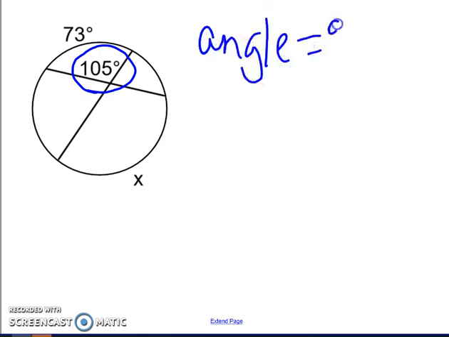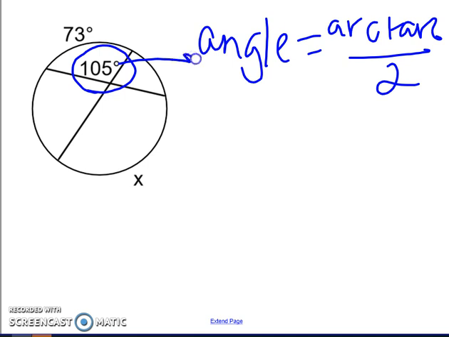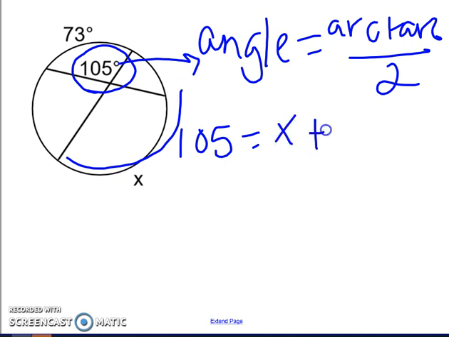So angle equals arc plus arc divided by 2. My angle is the 105. It equals my arc, x, plus my other arc, 73, divided by 2.